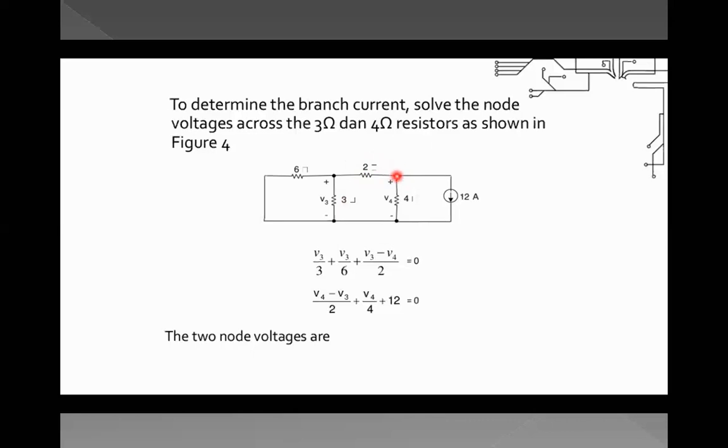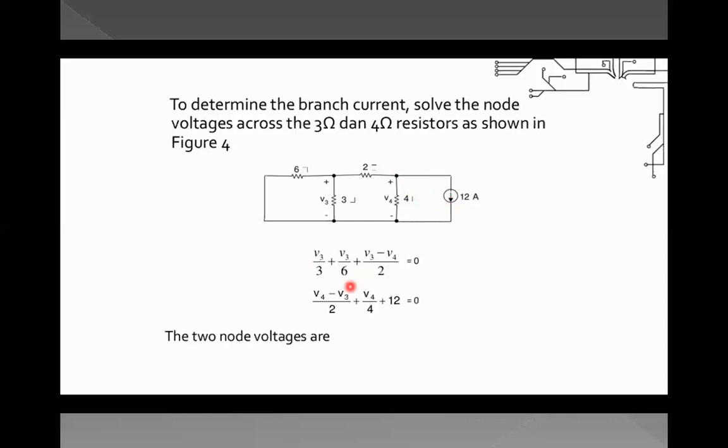That comes like V4 minus V3 divided by 2, V4 divided by 4, and this is the current value straight as 12 amp. So the equation comes like V4 minus V3 by 2 plus V4 divided by 4 plus 12 amps should be equal to 0.